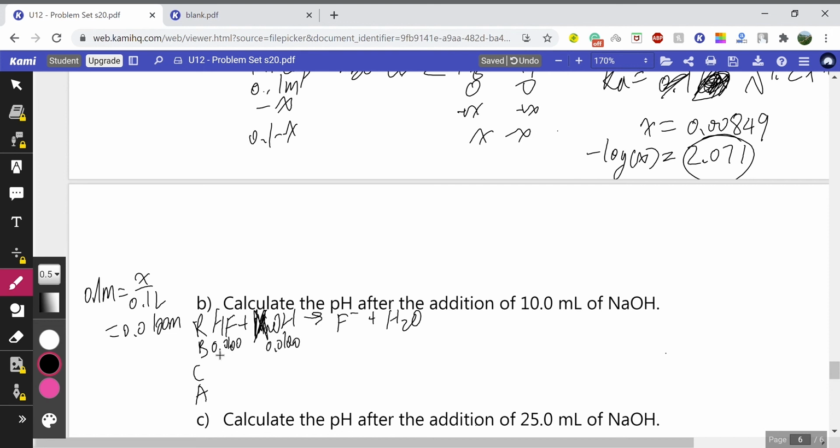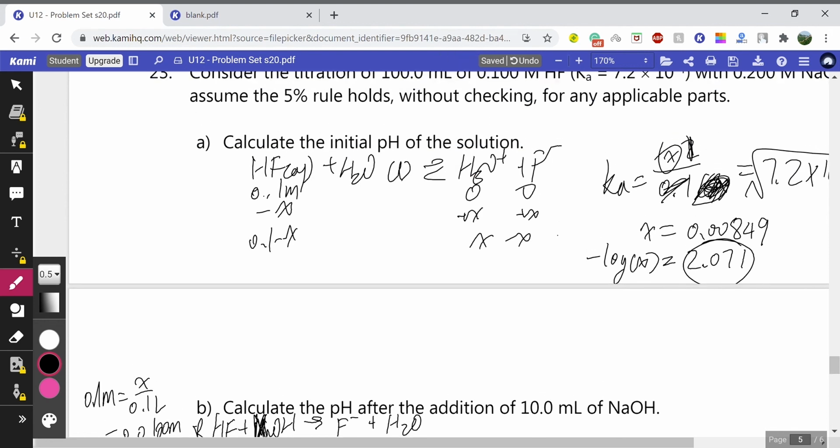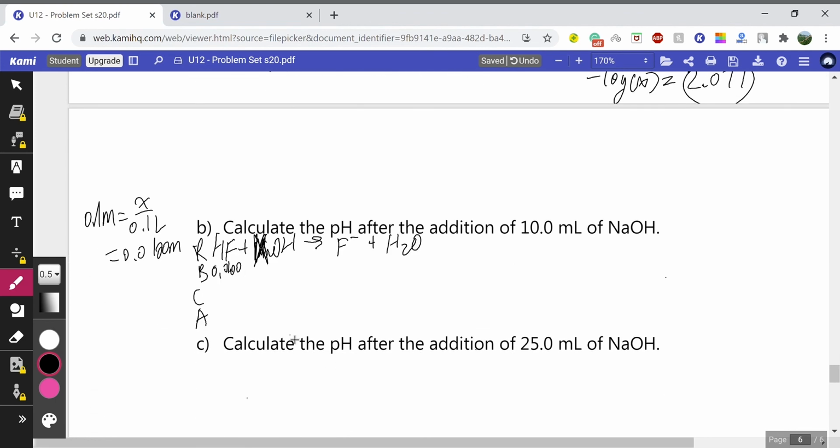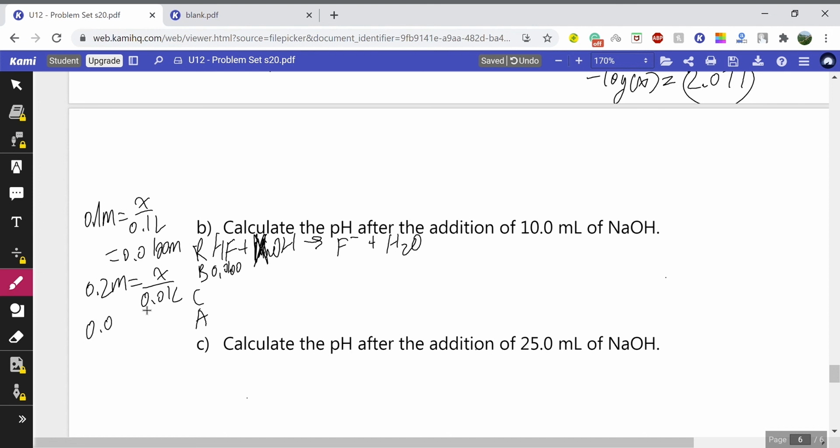Nope, sorry. For the NaOH, the concentration is 0.200 molar. 0.2 molar equals x divided by our volume, which is 0.01 liters. Now 0.01 times 0.2 will give you 0.00200. And now that will be the amount over here, 0.00200.